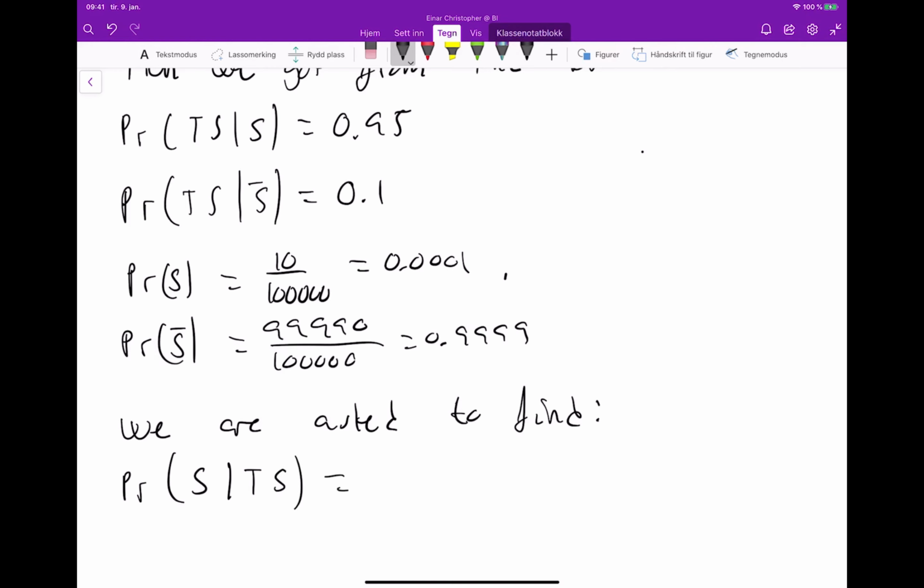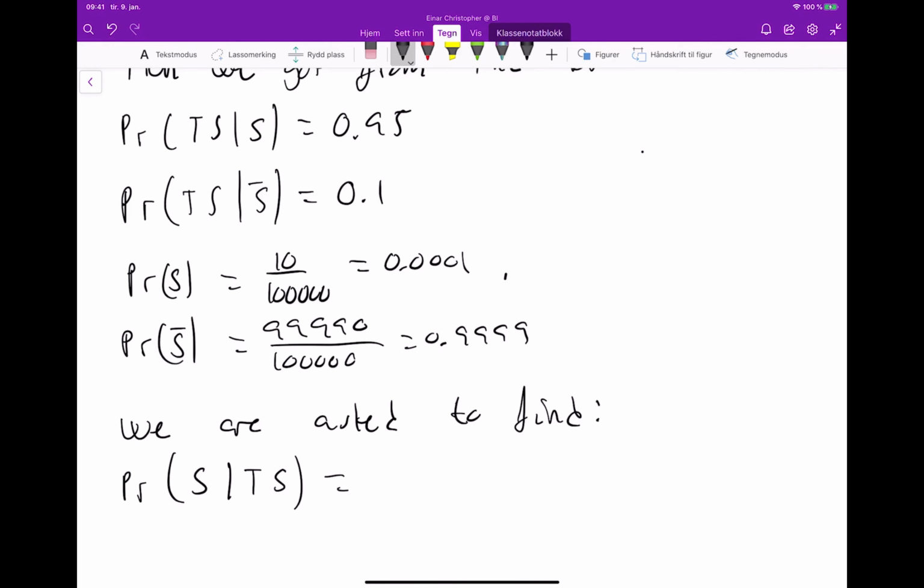And what is the result here? Everybody almost believes that this will be a very high number. The problem here is that it's pretty few people being infected and very many not being infected, and also 10% of all the tested people which are not infected will have a positive test.